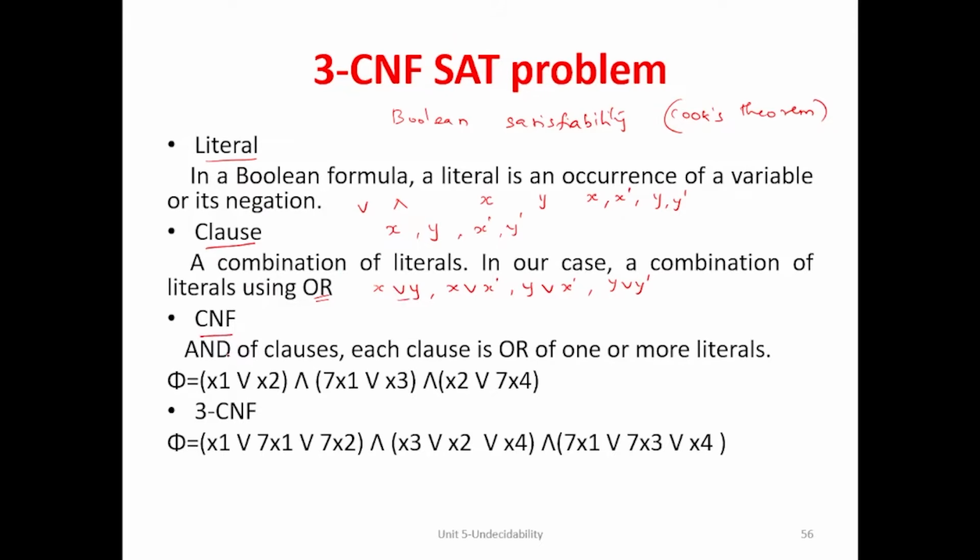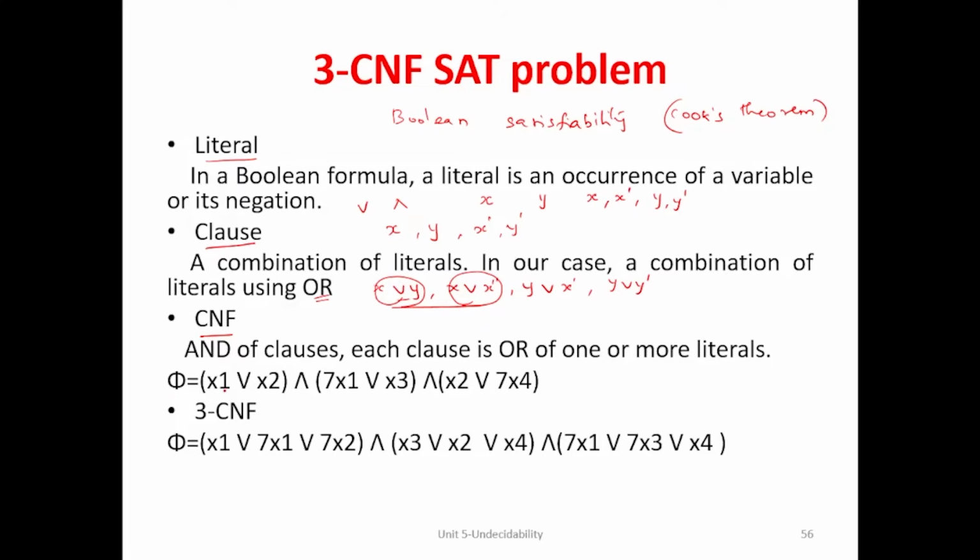CNF means the AND of those clauses. That means this is one clause and this is another clause, and I combine these two clauses with AND, which is called CNF.